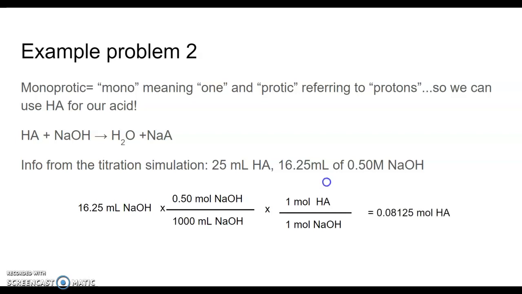Now that I have moles of HA, I'm going to convert by dividing by the milliliters of HA that I was told. And I'm going to end up with the molarity of HA. And that's how I would solve for the concentration of my acid.